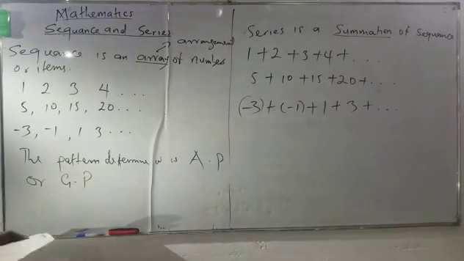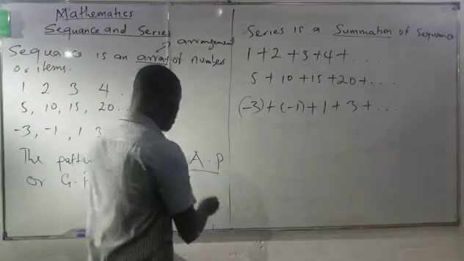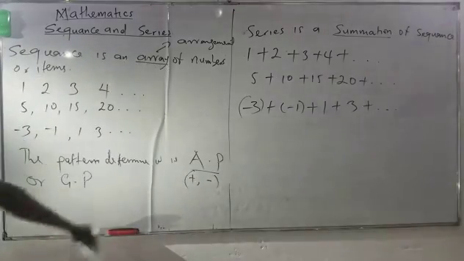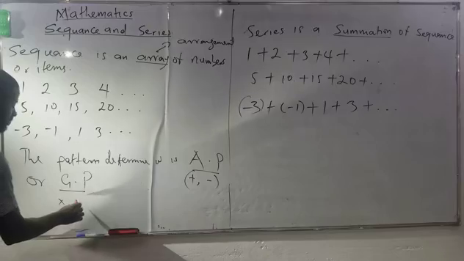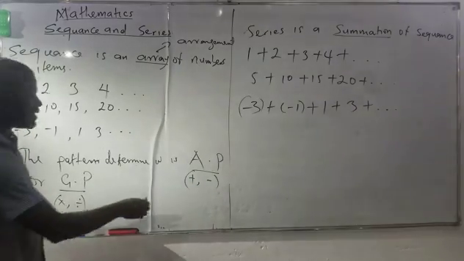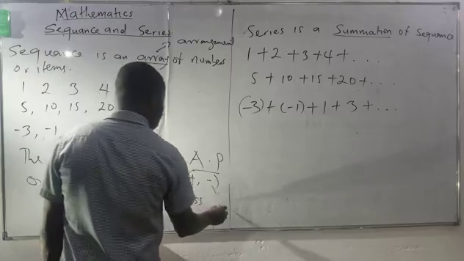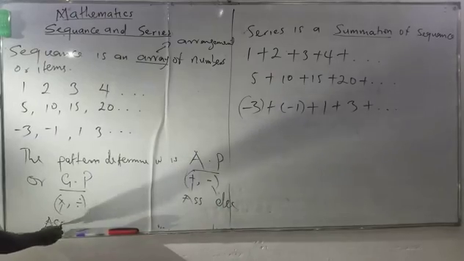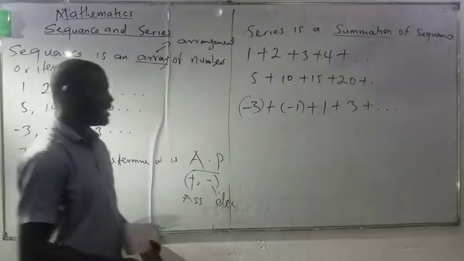When you talk about arithmetic progression, it follows addition and subtraction. If it is geometric progression, it follows multiplication and division. Addition will be ascending, subtraction descending, multiplication ascending, and division descending. Those are the things you need to understand at this junction.